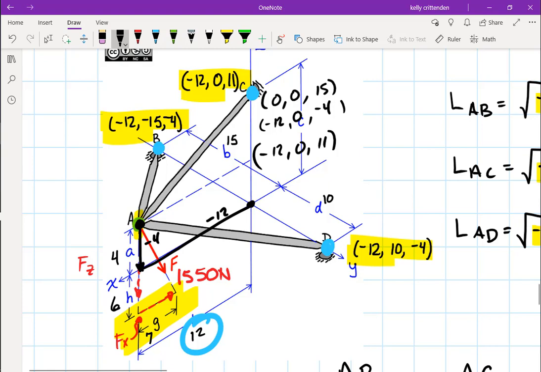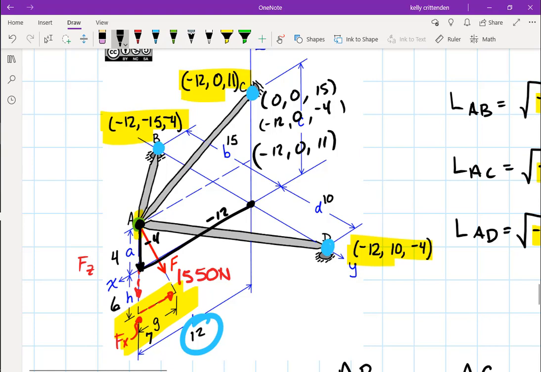15 minus 4. Oh. No, well, I moved the coordinate system 4 closer to it. So this is the Z direction. It was down here, and I moved it closer by 4, so I subtracted.